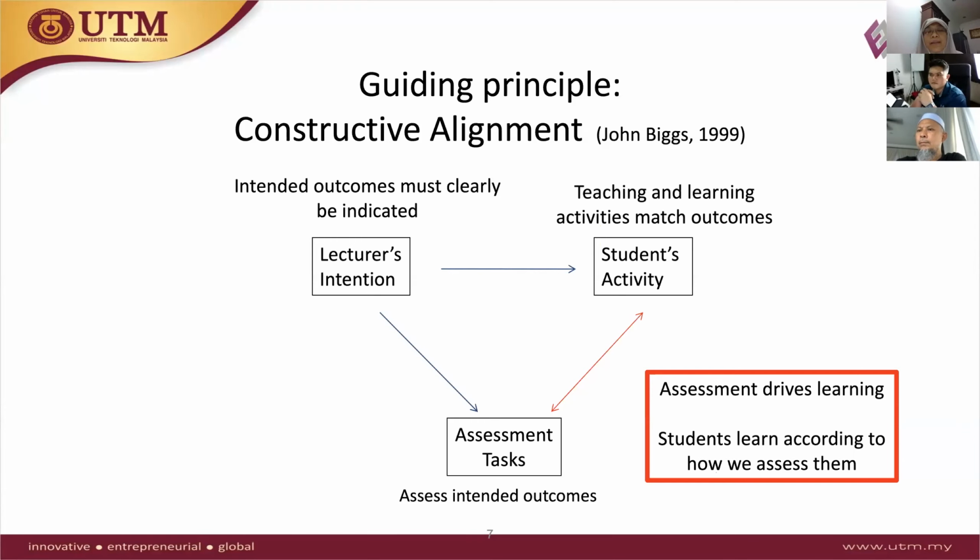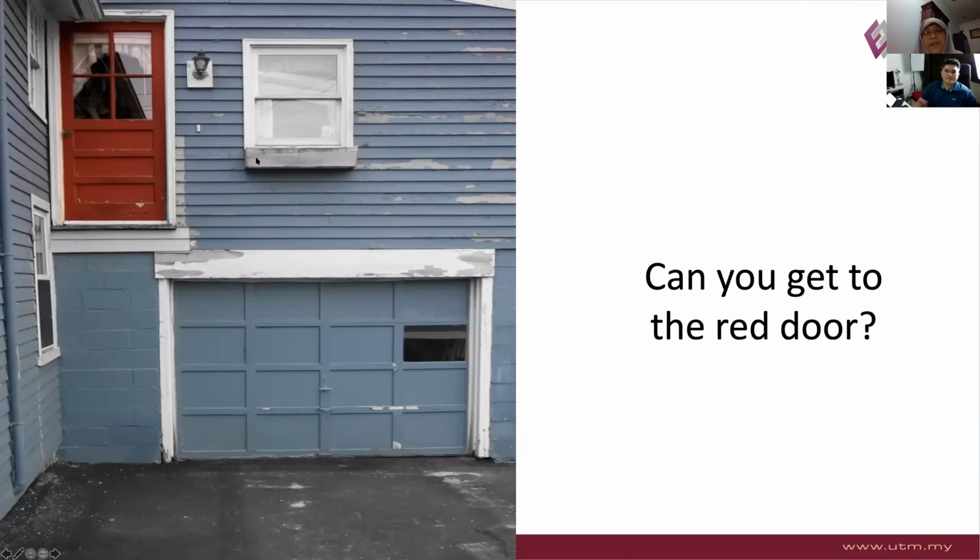The feedback that the students get from the assessment is actually more important than the marks, because this will help them to improve and support them in attaining the outcomes.